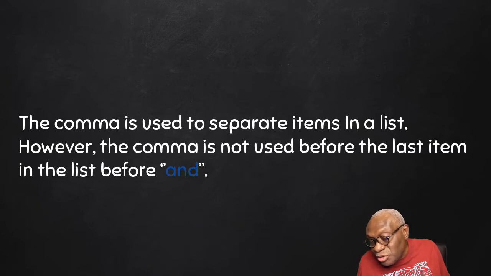The comma is used to separate items in a list. That is, because in a list of items we use commas, we know that the commas used in a list are separating the items one from another. Now, however, the comma is not used before the last item in the list if the last item is preceded by the word and.